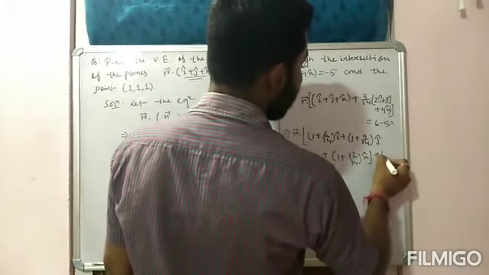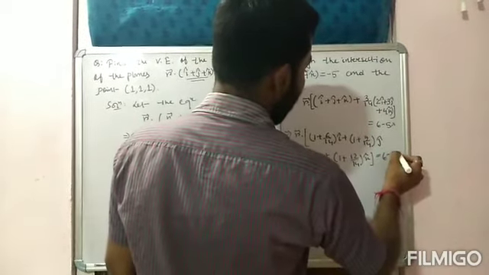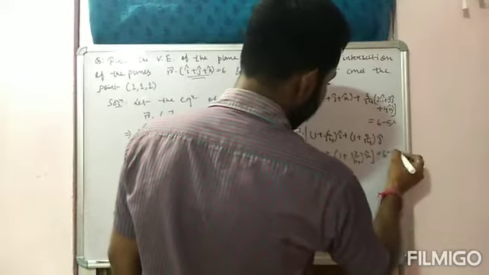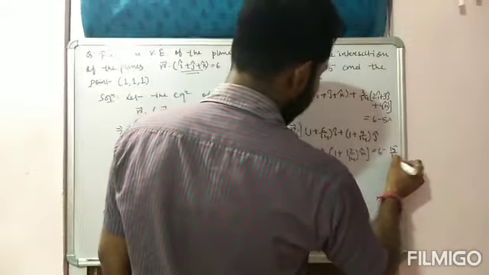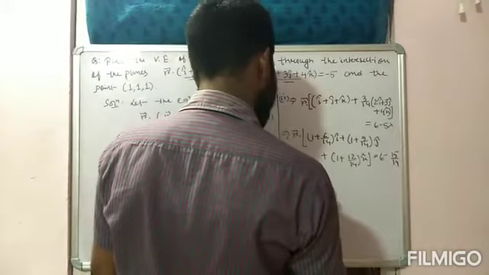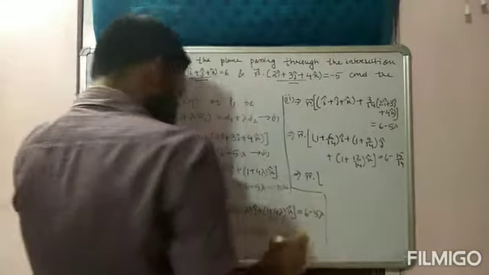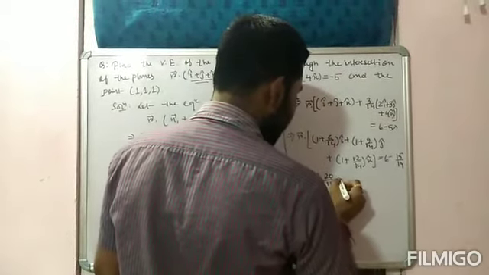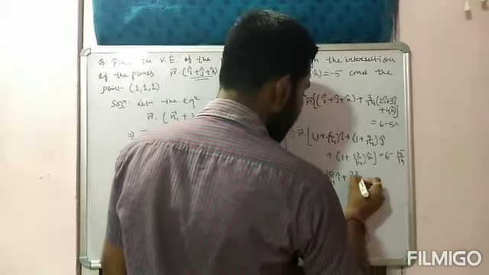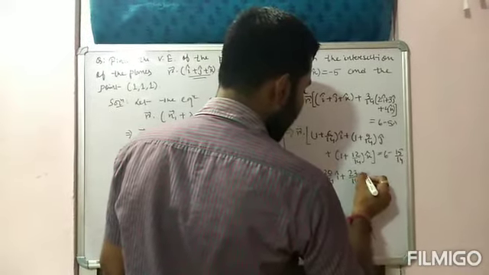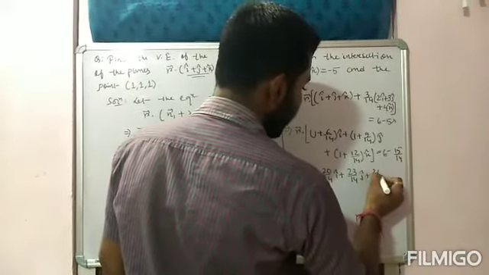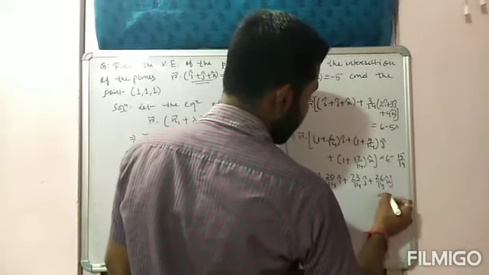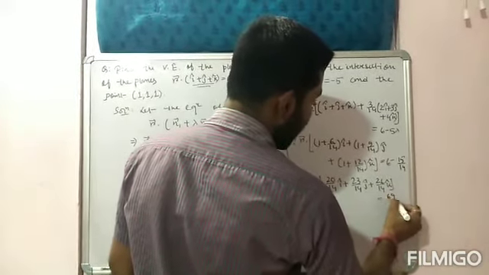This is equal to 6 minus 5 into 3 by 14, and that is 69 by 14. So which implies r dot (20 by 14) i cap plus (23 by 14) j cap plus (26 by 14) k cap, equal to 69 by 14.